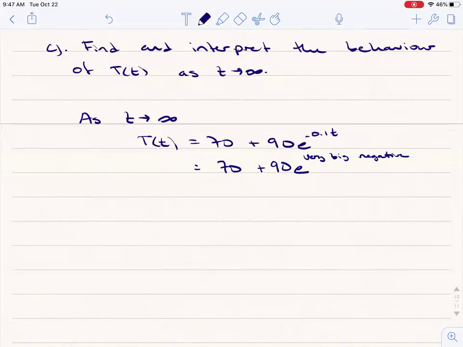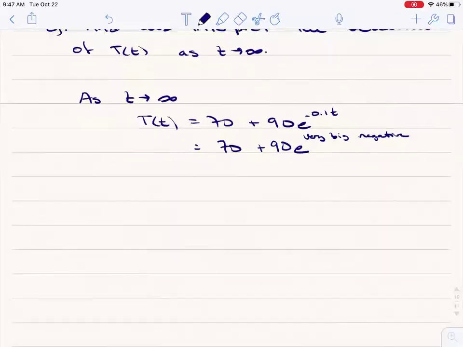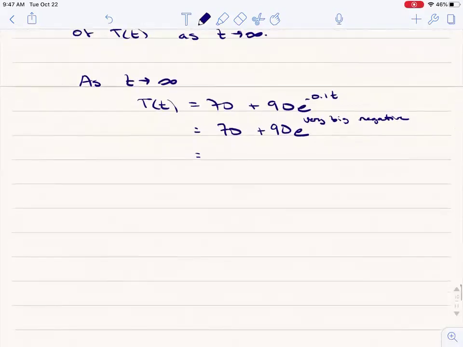When x is a very big negative, this is where it comes in handy to know what the exponential function looks like. So e to a very big negative is sort of 0. Or you can think about it as e to the negative very big number, which you could rewrite as 1 over e to a very big number. Either way, it's going to go to 0.